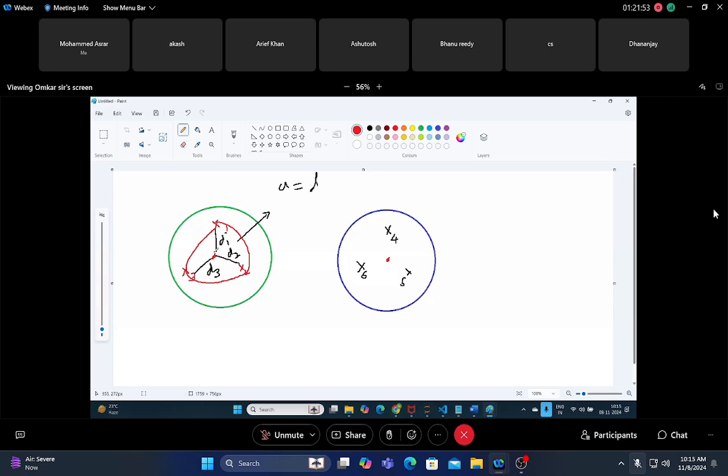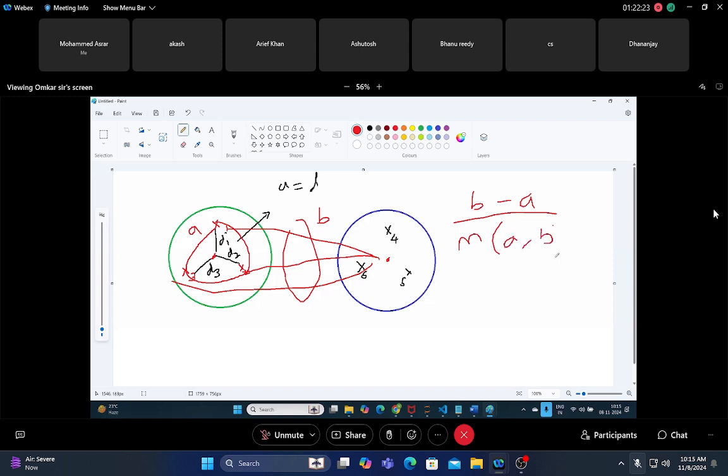When you calculate the average distance, the distance we call A. The x1, x2 also measured against the other cluster. Then you are taking the average, B. Now you are simply saying whose distance is more. B is more. What is the formula? B minus A divided by the maximum of A comma B. We don't know which one will be the maximum. That is the formula.